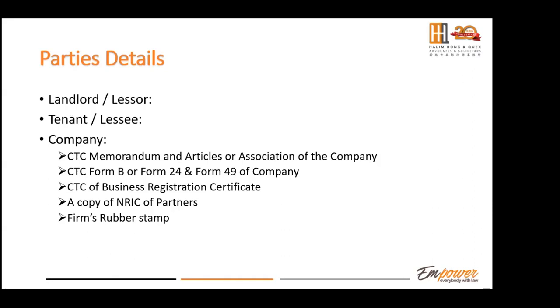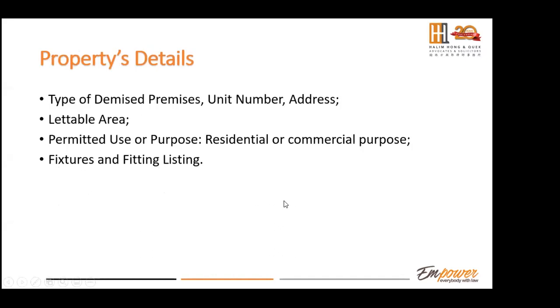Form 49 is all the details of the directors, their secretaries, and also partners. Okay, then we also request a CTC copy of business registration certificates, IC, then rubber stamps.